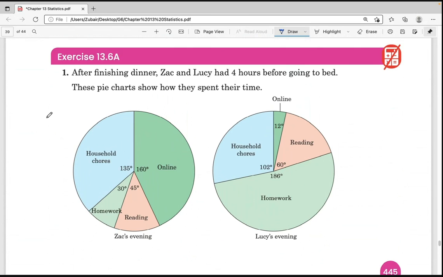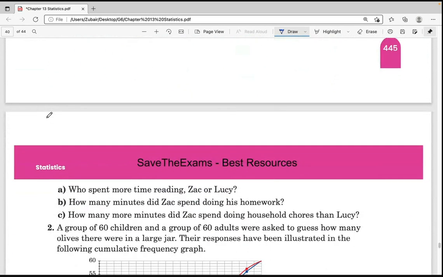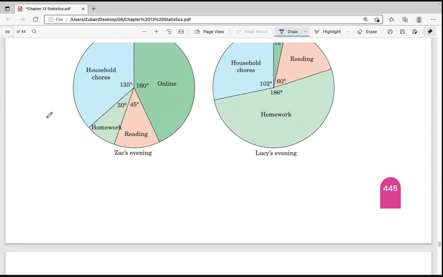Lucy spends most of the time on homework. Zach spends least time on homework, whereas Lucy spends least time online. And then household chores and reading and so on. Whatever the nature of the question, we can also change it into percentage. Who spent more time reading, Zach or Lucy?